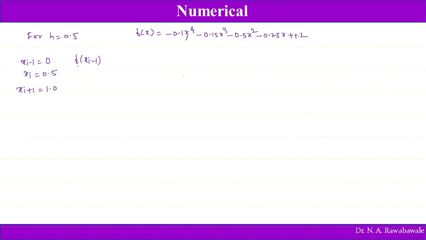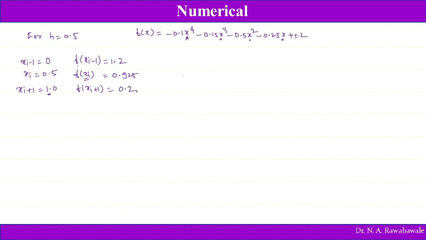Wherever there is x, if we substitute 0, the function value becomes 1.2. For f of xi, if we substitute 0.5 everywhere in this equation, we get 0.925. And after that, for f of xi plus 1, if we substitute x is equal to 1 in this given equation, then the function becomes 0.2.